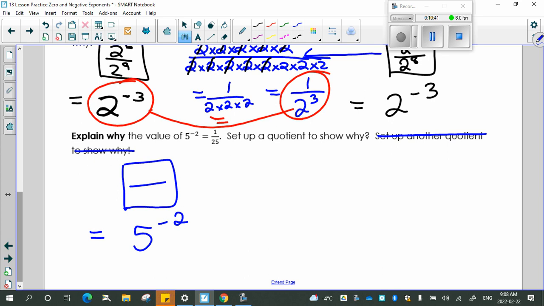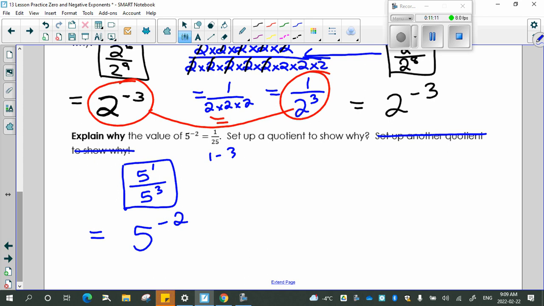We need a base of 5 in the top and the bottom, and two whole numbers that are 2 apart. 1 and 3. So I'll put 1 on the top and 3 on the bottom. Love it. Okay, so 1 minus 3 is the negative 2. Perfect.